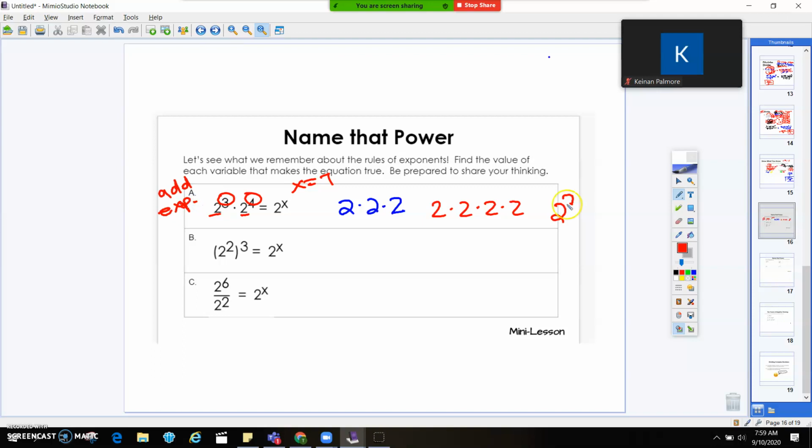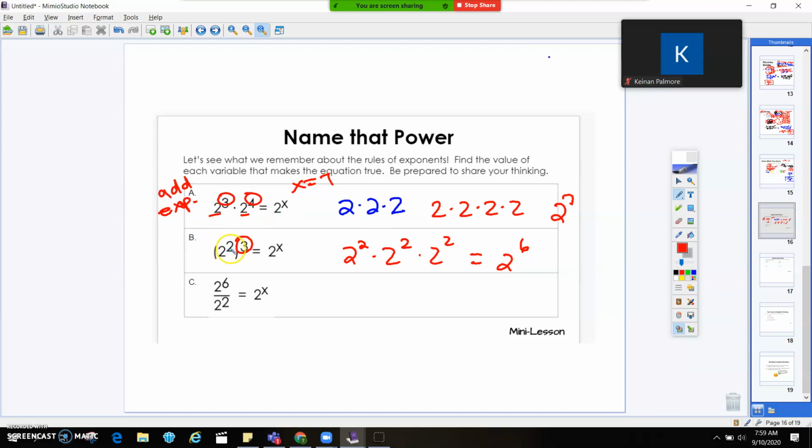All right, on B, we've got 2 to the second power, and we're going to raise it to the third power. So that means I've got 2 to the second times 2 to the second times 2 to the second. Well, we just learned that if we have the same base and we're multiplying, we're going to add the exponents, right? So what's 2 plus 2 plus 2? 2 to the 6th power. Okay?